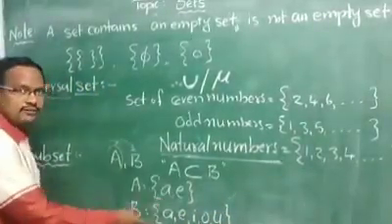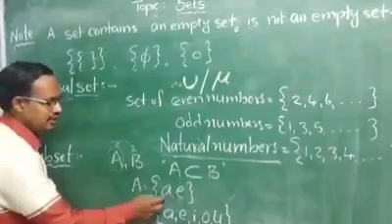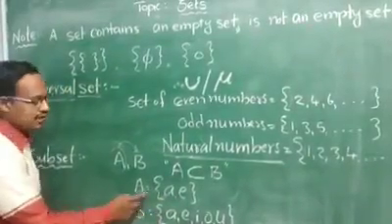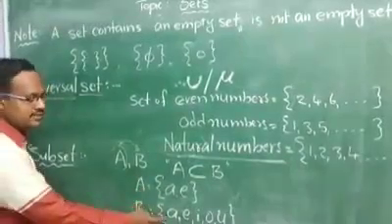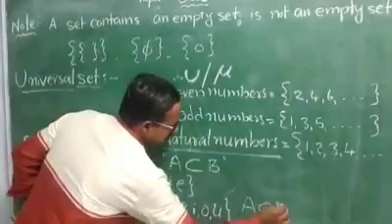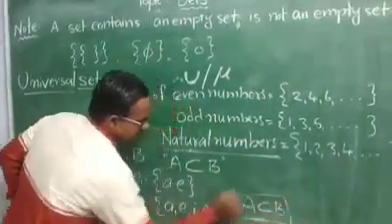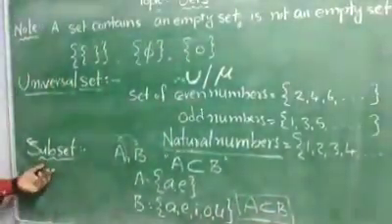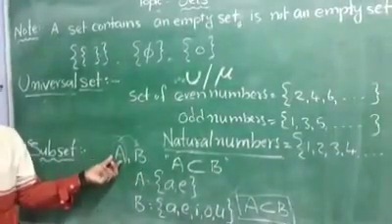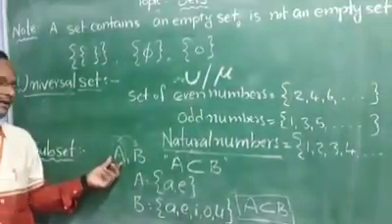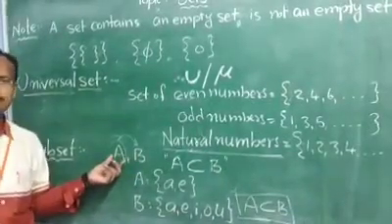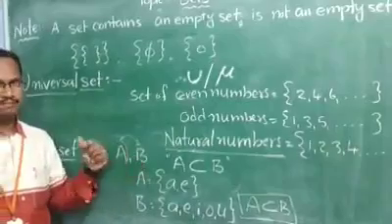Now here you can observe clearly that every element of A is a member of B. That means A is a subset of B. So subset means, if A, B are two sets and all the elements of A are members of B, then A is said to be a subset of B.